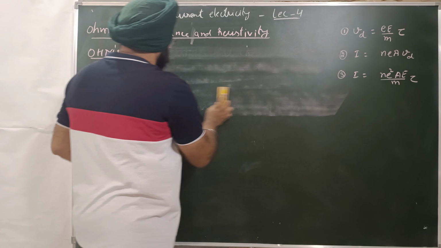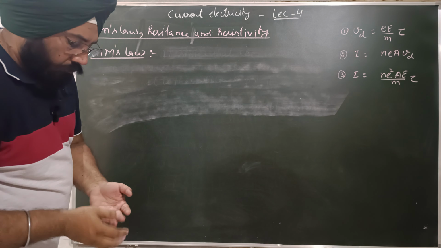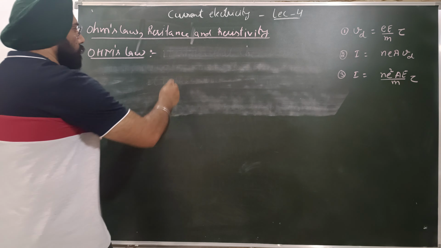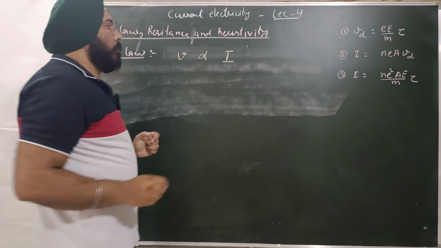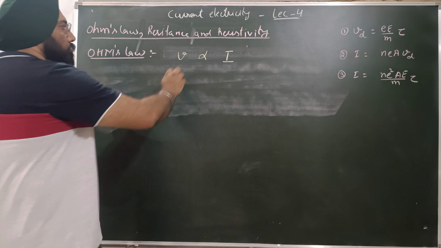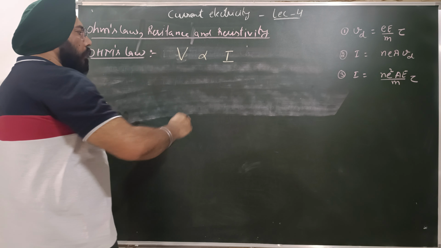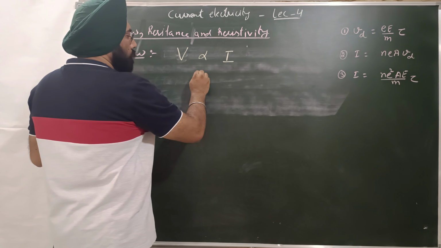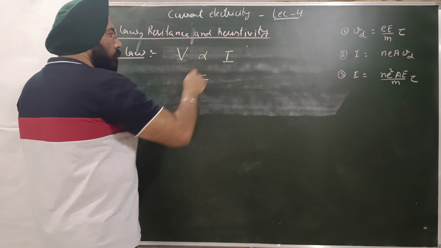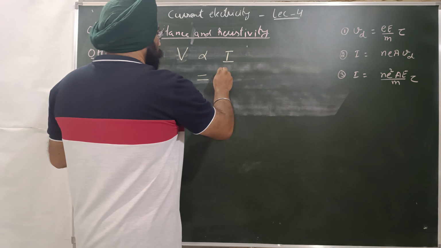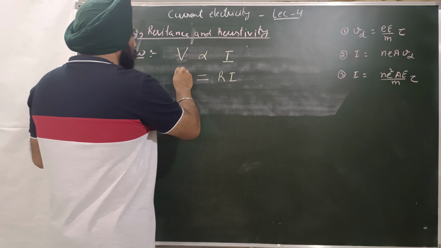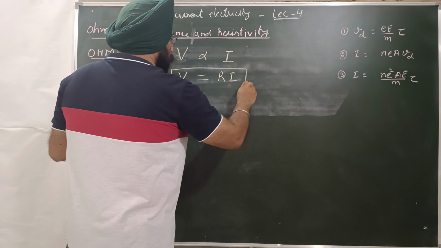In simple form, we will say that V is proportional to I. The potential V is directly proportional to I, and if I replace this proportional sign with equal to, then I need a constant. So that constant is R. So V is equal to RI.